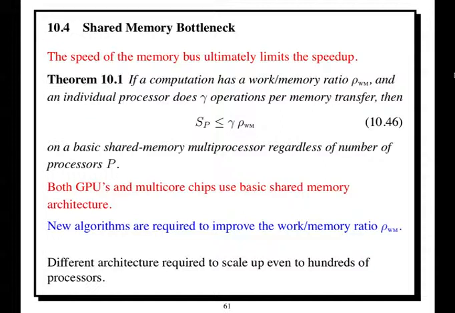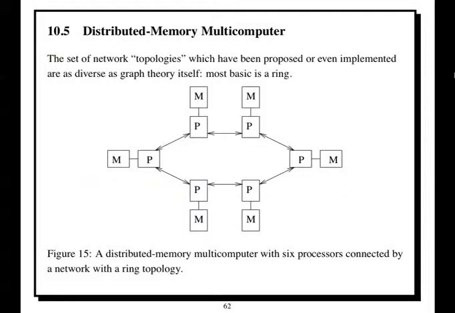The bottom line is that the experience from the past is you had to have a different architecture to scale up to hundreds of processors even. And what was that architecture? Well, one architecture is to use distributed memory. So you have a network connecting processors. Each processor has its own memory. So this is a typical network of workstations, or many other commercial processors have been built like this.